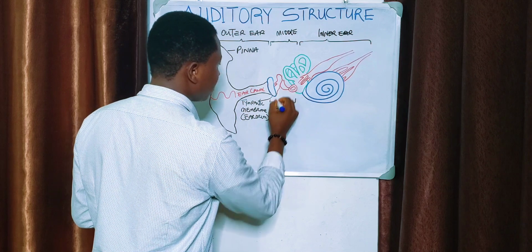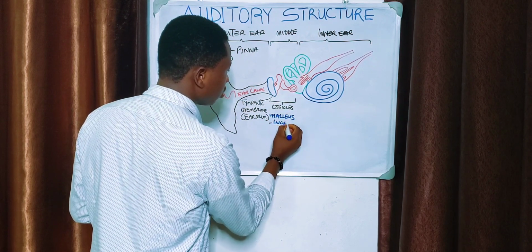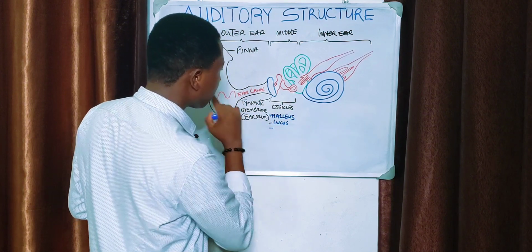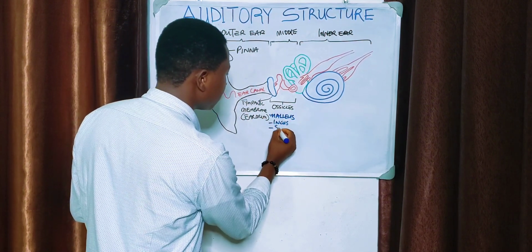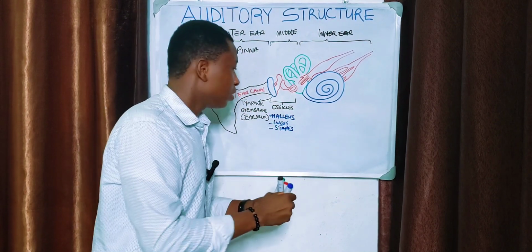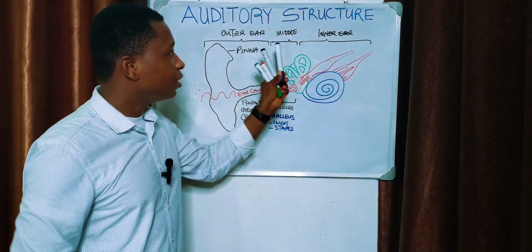The second one is called the incus, and the third one is called the stapes. So these are the ossicles that make up the middle ear.